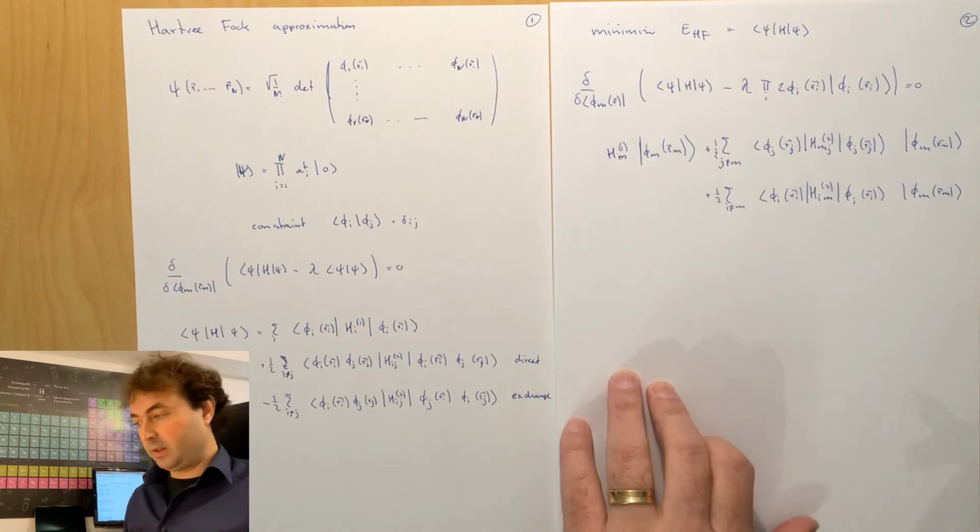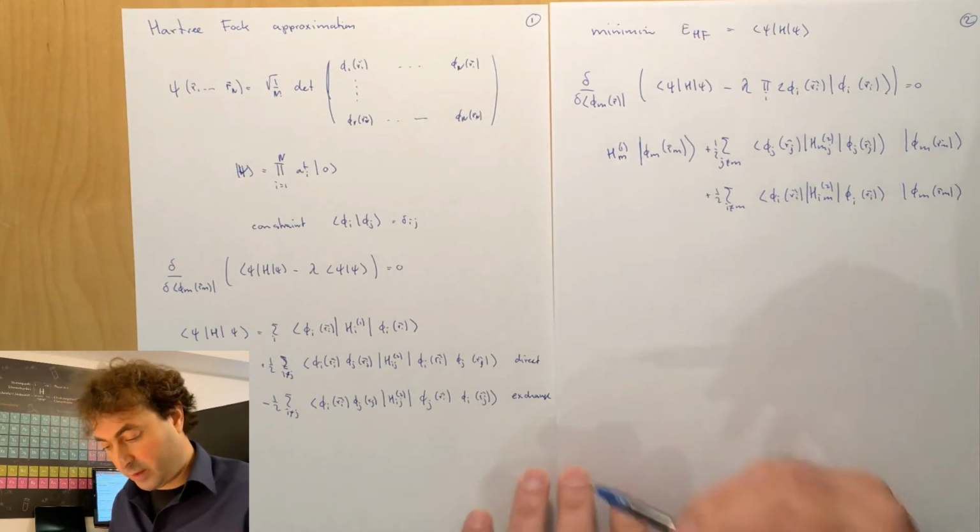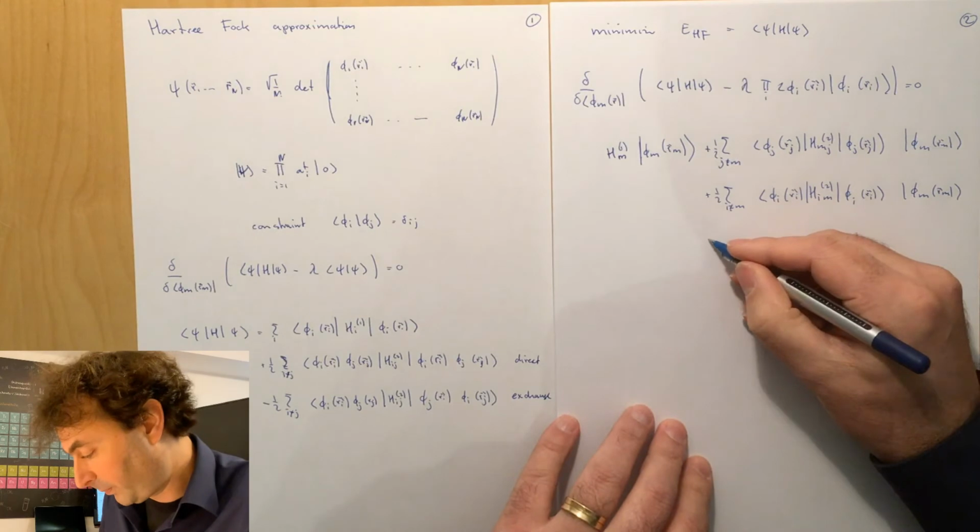So far we have the same result as we had in the Hartree equations, but now we have the exchange term on top of that.